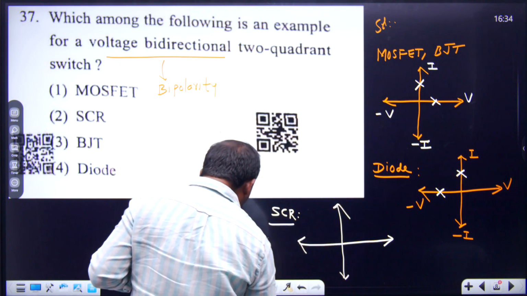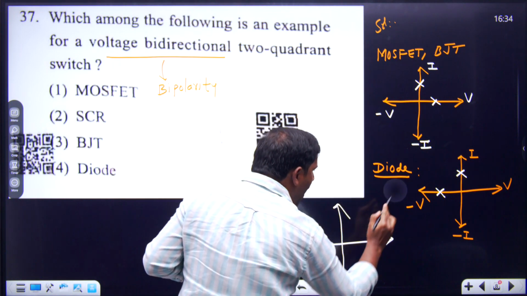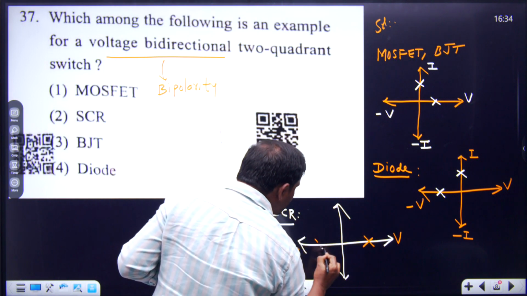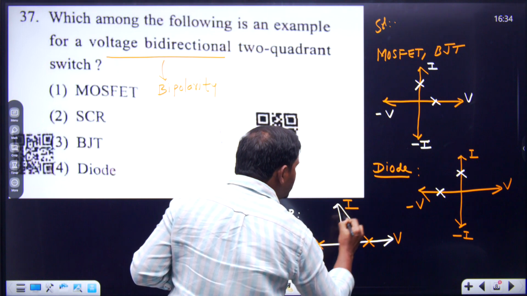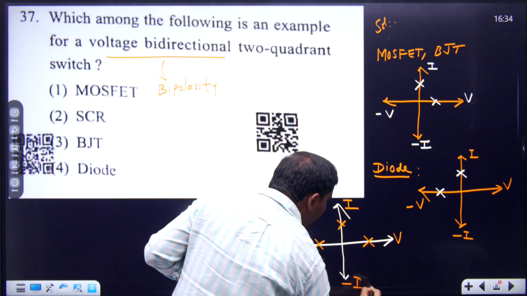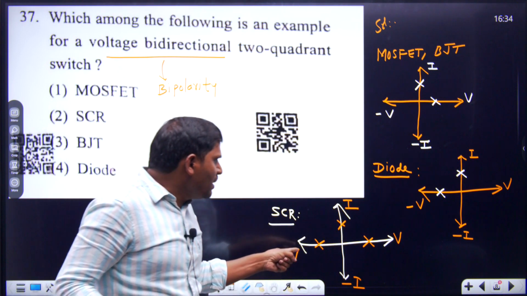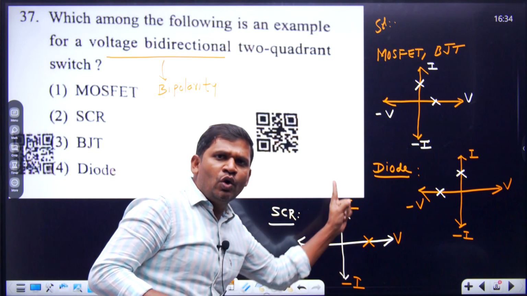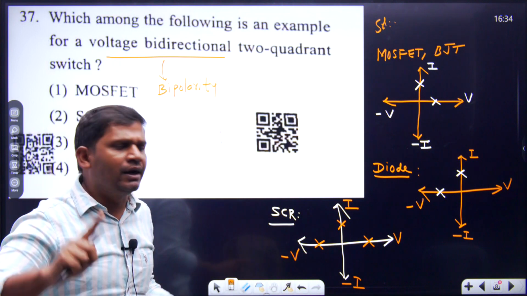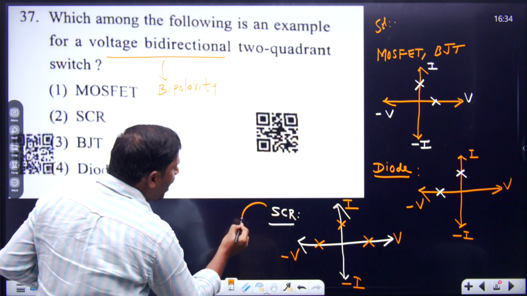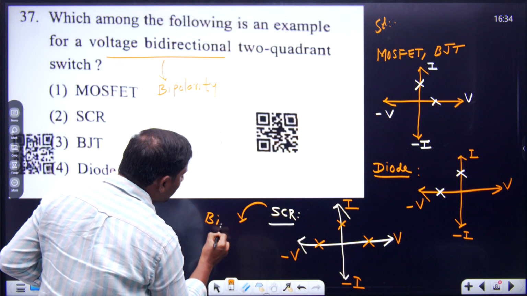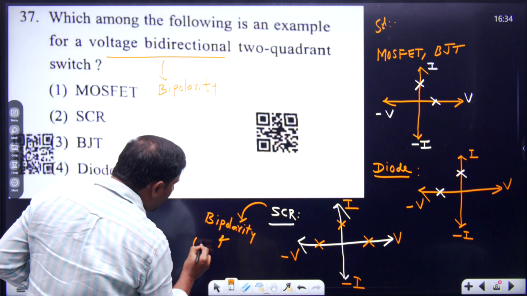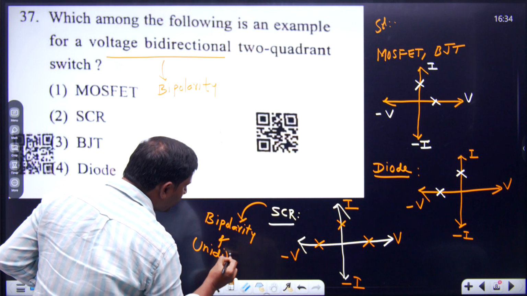It blocks the forward voltage and the reverse voltage also, and it allows forward current. That's why it is bipolarity. It blocks both voltages but allows only unidirectional current. Therefore, SCR is an example of a bipolarity and unidirectional device.